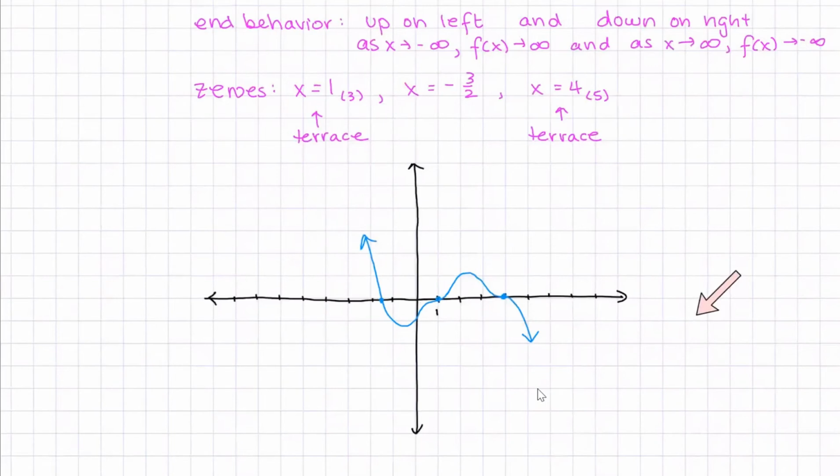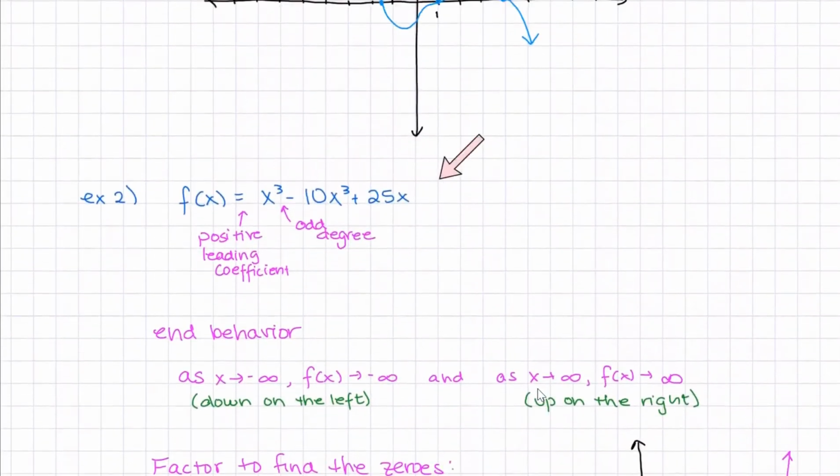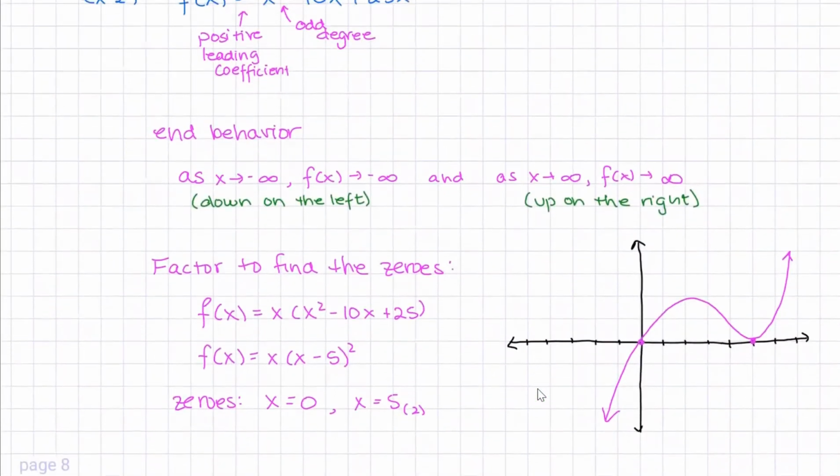Okay. Then the last one. It's already multiplied out, so we can find the end behavior right away. A positive leading coefficient with an odd degree is like a line with a positive slope, so it's going to be down on the left and up on the right. But I do have to factor to find the zeros.